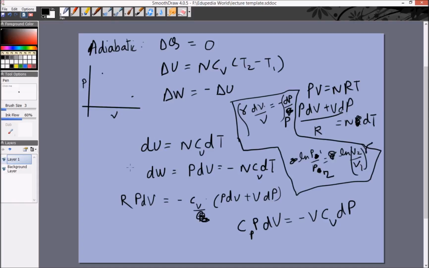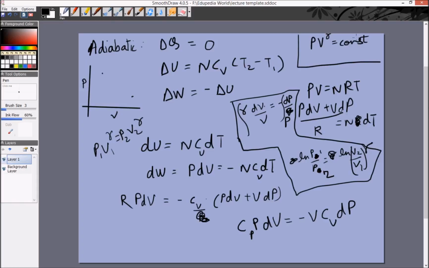So what we get is P1 V1 to the power gamma is equal to P2 V2 to the power gamma, and this is true for any 1 and 2. So the equation of state for an adiabatic process is PV to the power gamma is a constant, right?